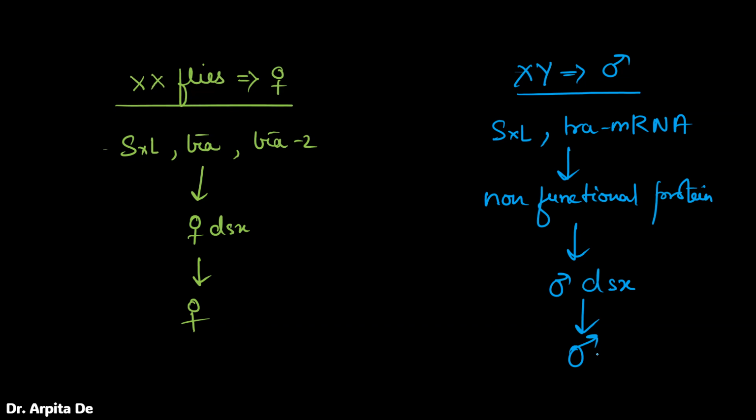Clear? So this is what is happening in Drosophila sex determination. See, in female, functional proteins like DSX, TRA, TRA2, SXL are very, very important. These proteins will have to be functional in order to get a female, right?